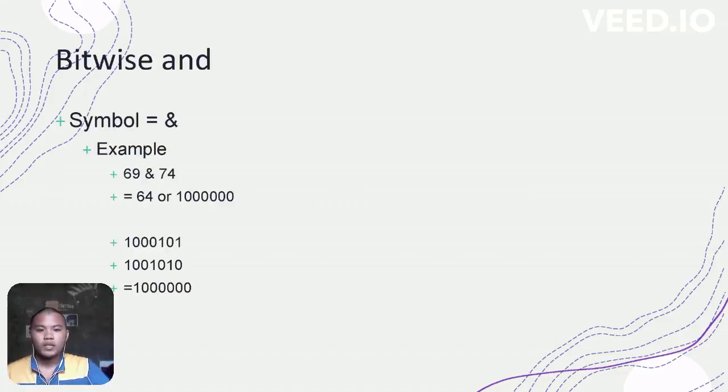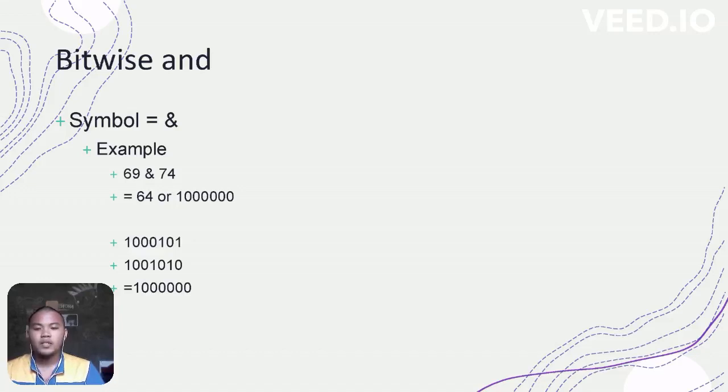Bitwise AND copies a bit to the result if it exists in both operands. What do I mean by this? I'll show you in just a few moments. First, the symbol of the bitwise AND is &. An example will be 69 and 74.